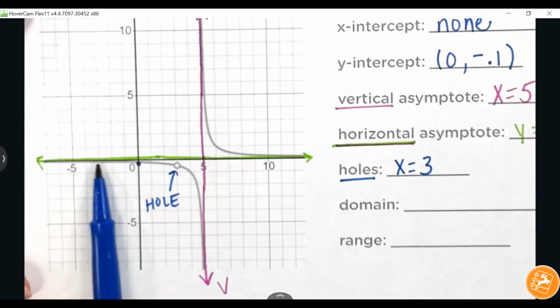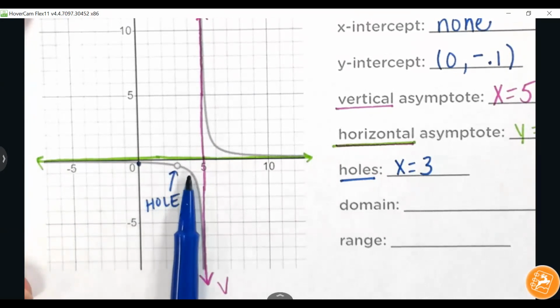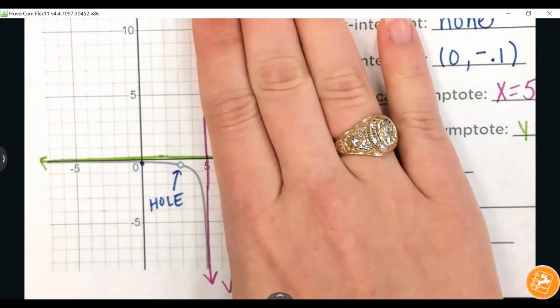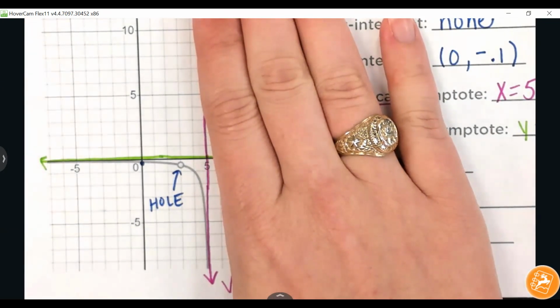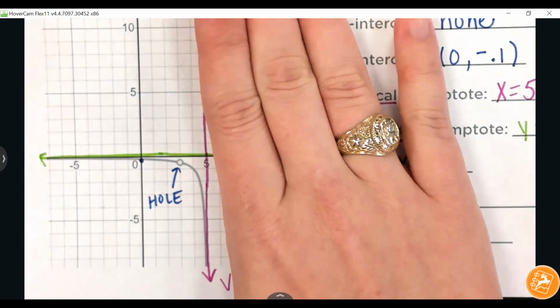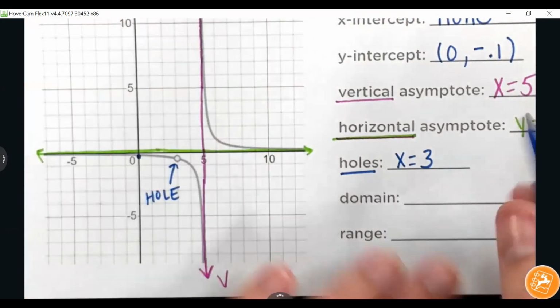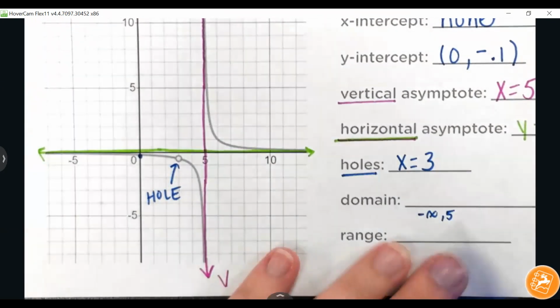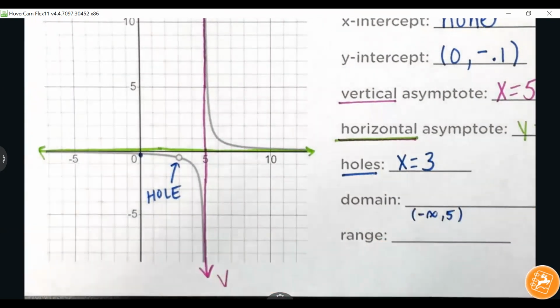Just this one graph right here, where does it stop at? Like if this didn't exist, my domain would be negative infinity to 5. Does everybody see that? Okay. I'm going to write it underneath. Negative infinity to 5 with parentheses, right?